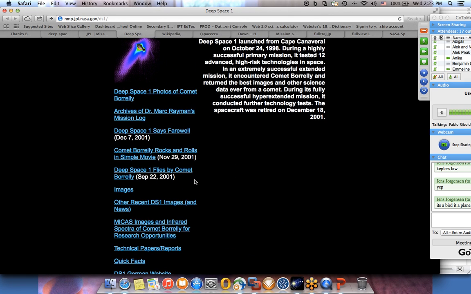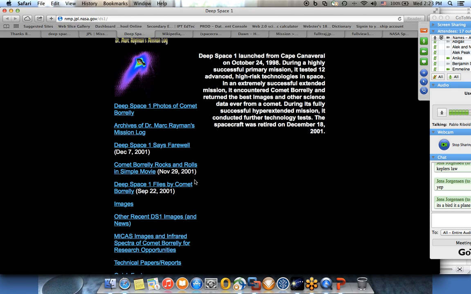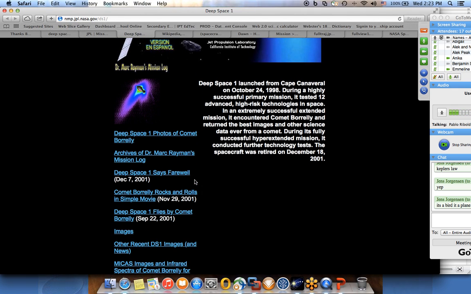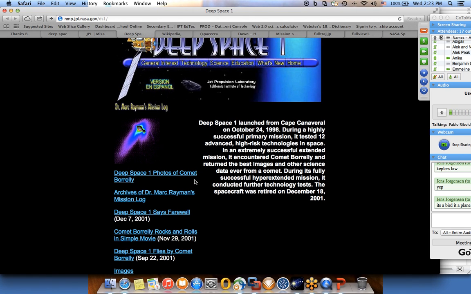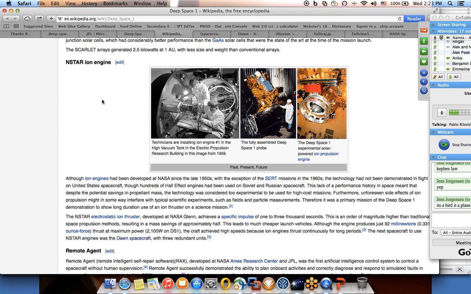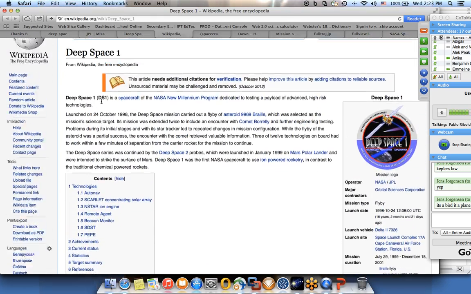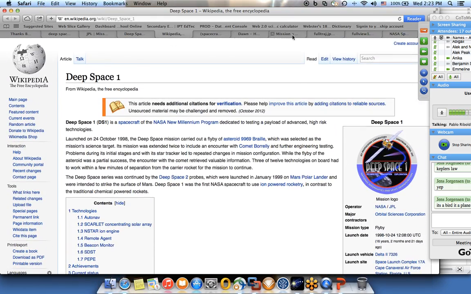And it actually, this probe was very successful in completing all the objectives of the mission. Okay, so here we have in the Wikipedia article more explanations of that.